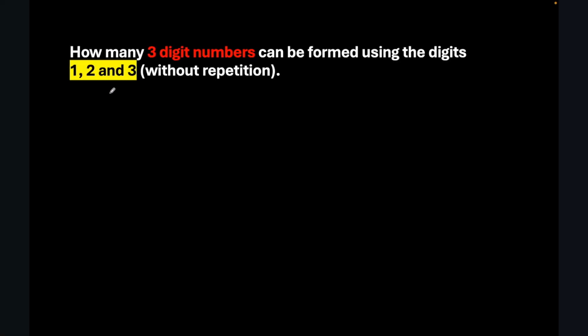All right, so this is the first question, which is asking us how many three-digit numbers can be formed using the digits 1, 2, and 3. Okay, so let's just do it the easiest way. Let's just list out everything.